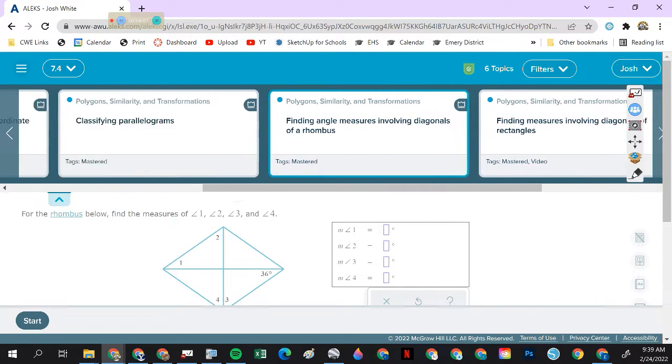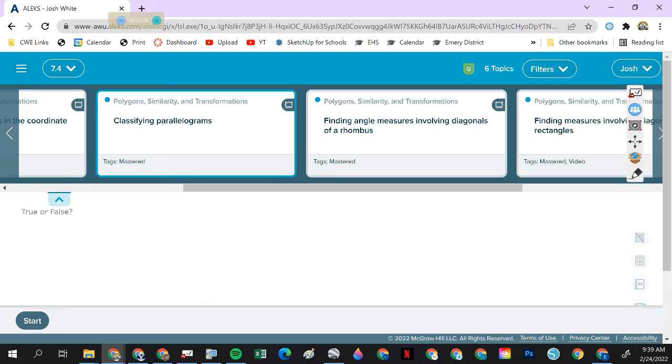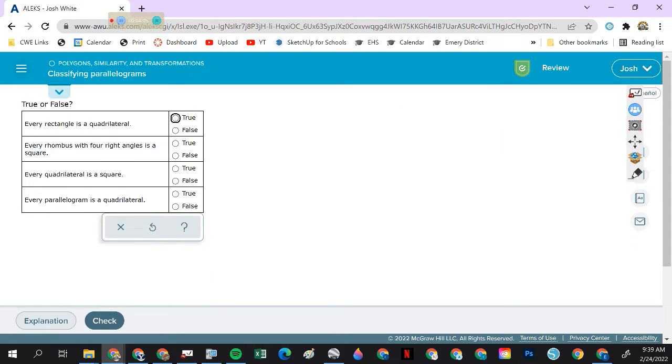Okay, next up, classifying parallelograms. Is every rectangle a quadrilateral? Yes. So a rectangle has 4 right angles. Does every 4-sided shape with 4 right angles have 4 sides? Yes. Okay. Is every rhombus with 4 right angles a square? What is a rhombus?